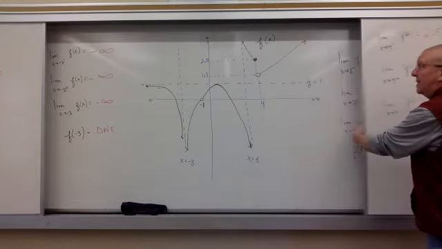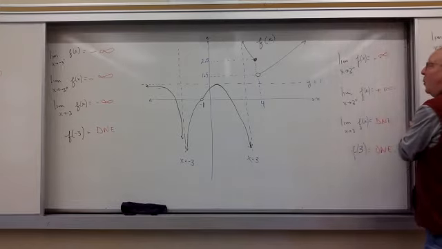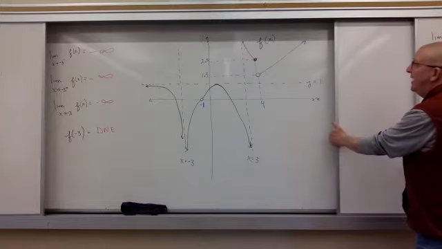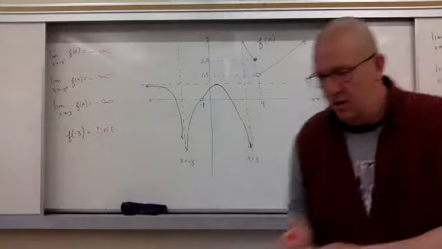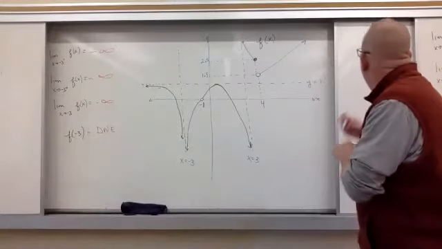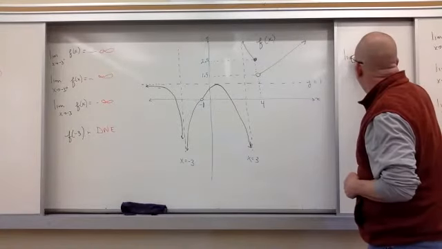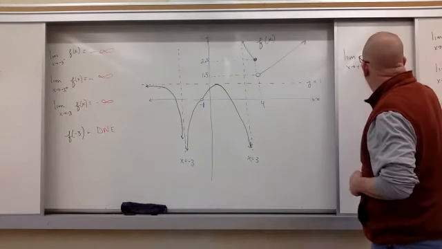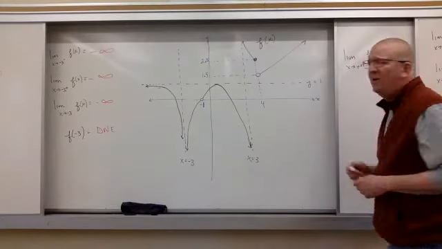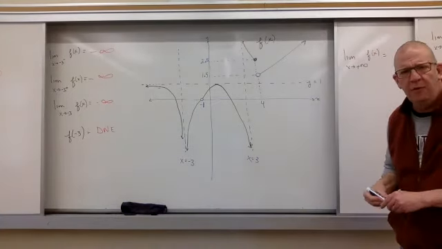Okay? And then finally, our last question is, what's going on here as x approaches infinity. All right? So we say the limit as x approaches positive infinity of f of x. What am I asking you for there?